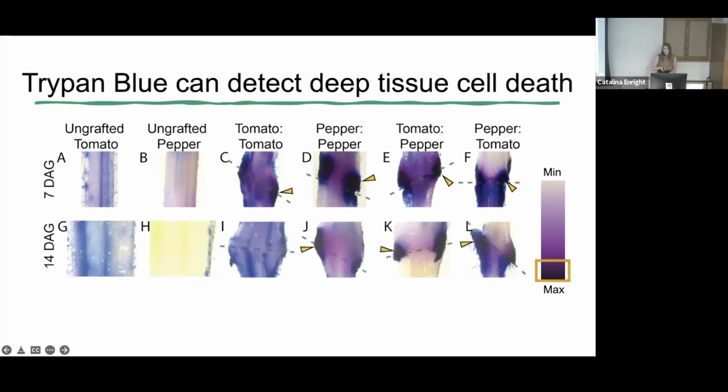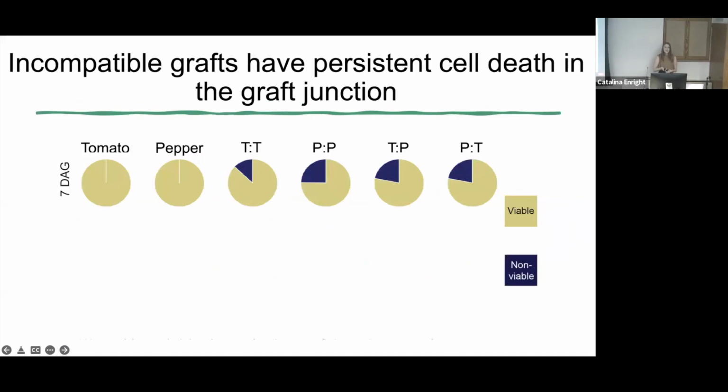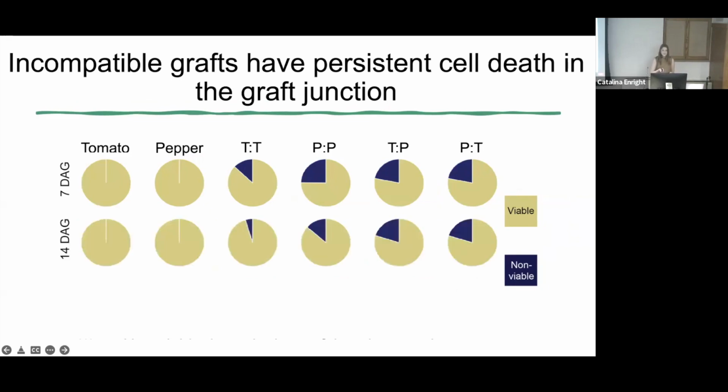By 14 days after grafting, the cell death has reduced in the self-grafts, but it's still hanging out in those heterografts. And 21 days after grafting, it is pretty much gone from self-grafts, but still very present in those heterografts. And if we look at this as a percentage of the area of the graft junction itself, we can track it over time.